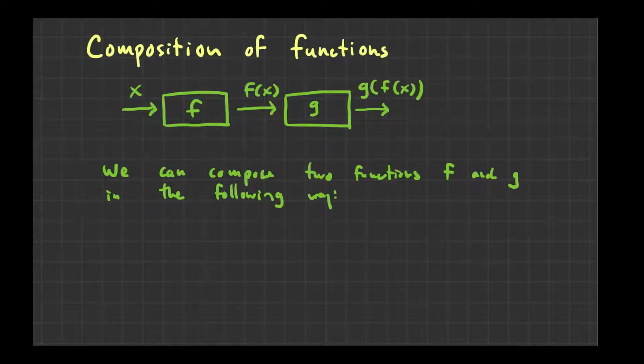If I have my first function, I can compose it with another function, and this is kind of funny because I actually write this backwards. It kind of goes in reverse, and you'll see why.